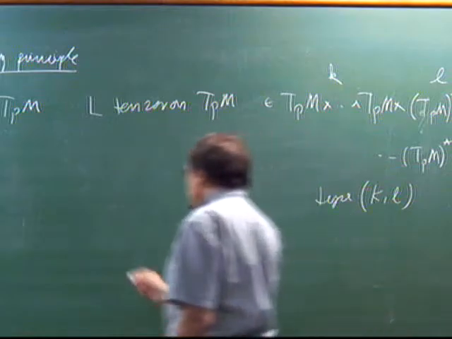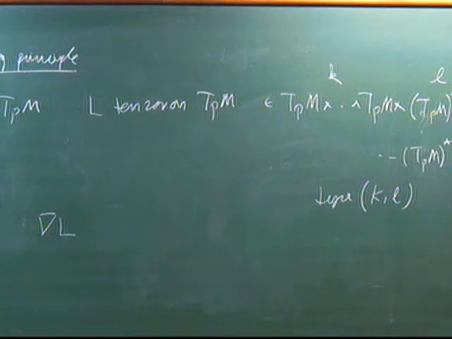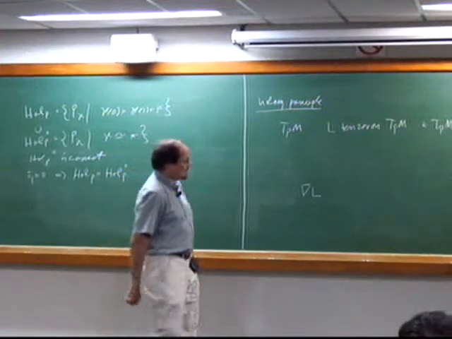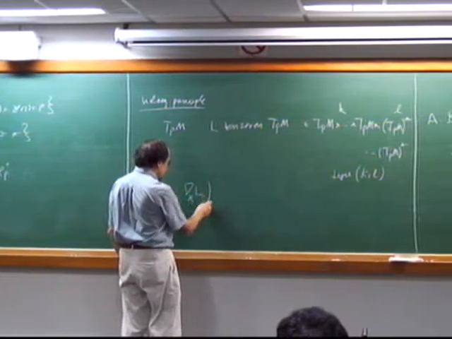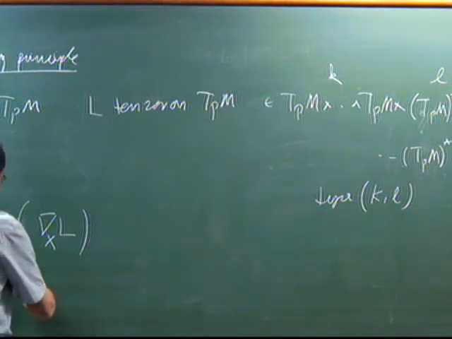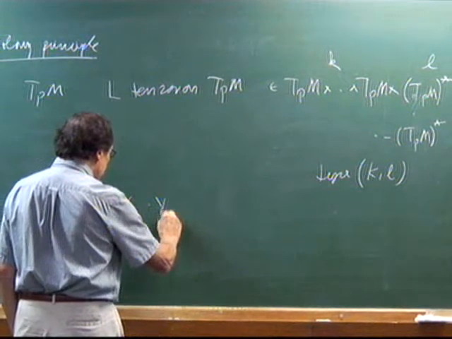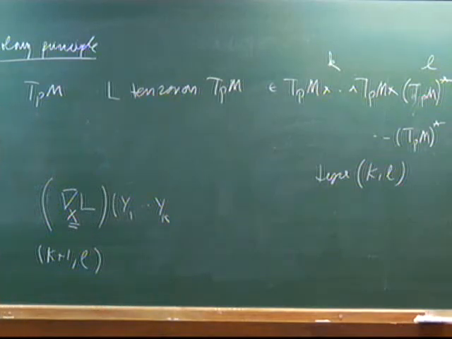When you have such a tensor, you can also define the covariant derivative of the tensor. Do you know how to do that? It's again a tensor, of type K plus 1, L. My new argument is the element X in which I differentiate, and then I have here Y1 up to YK.